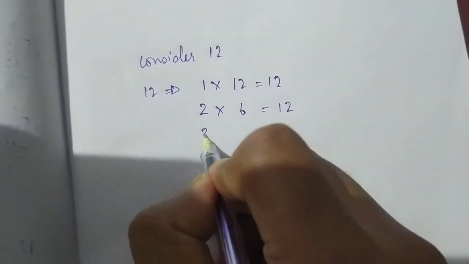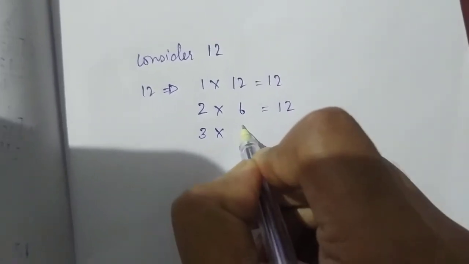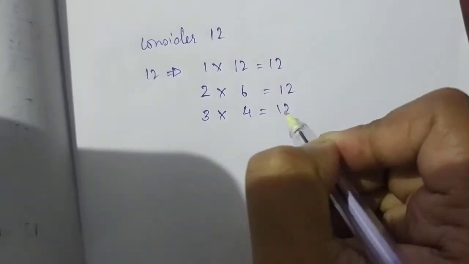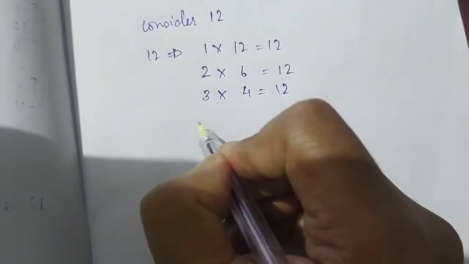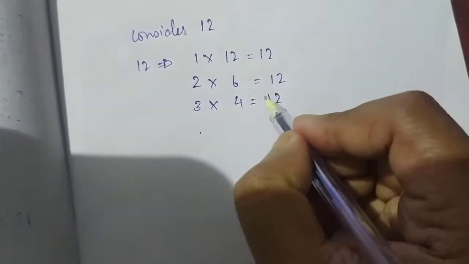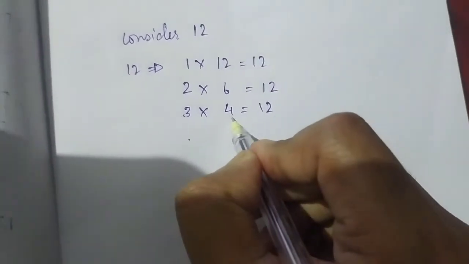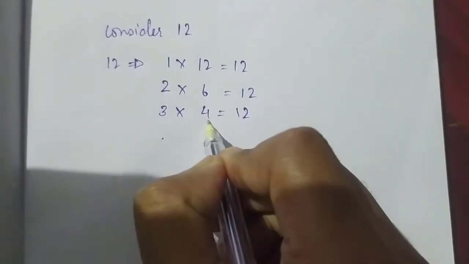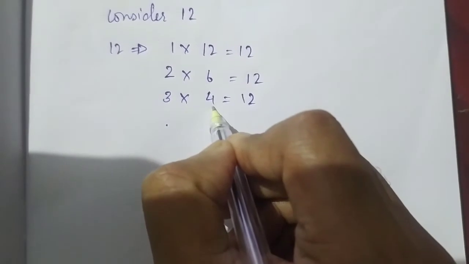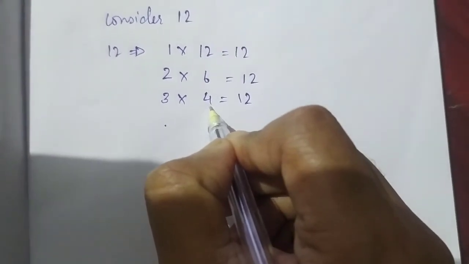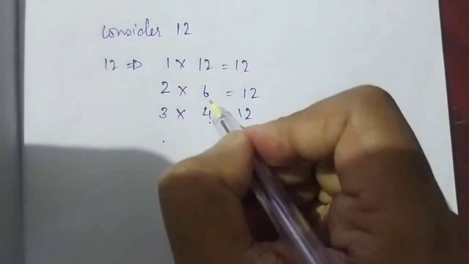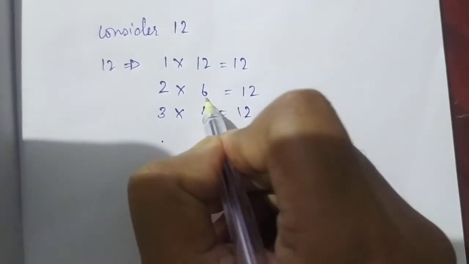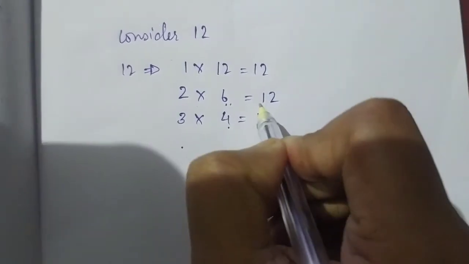If we go with the 3 table, 3 into 4 is equal to 12. Next the 4 table is here. And if you go to the next table, which is 5, 12 cannot go with 5. If you go to the next table, which is 6, 6 into 2 is 12.